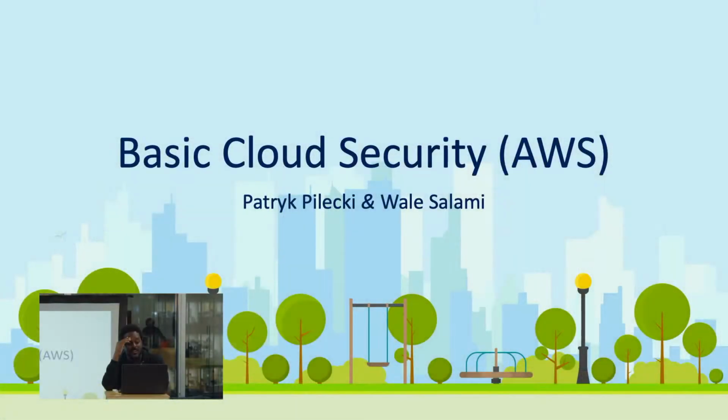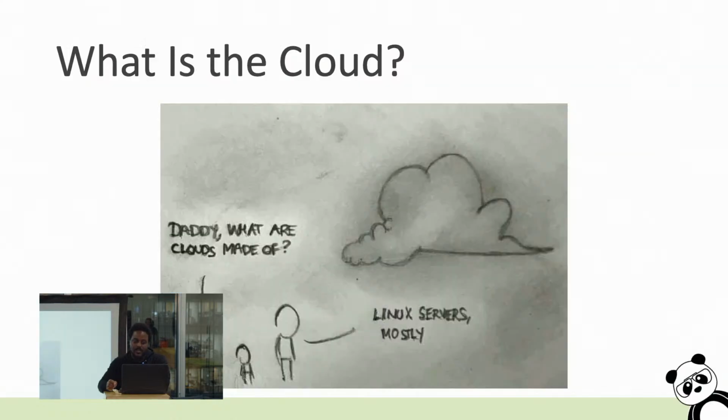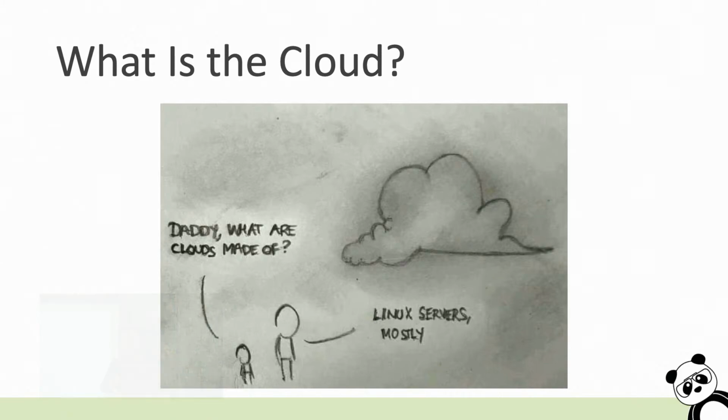Right, so I'm going to introduce myself again. My name is Wale, and I'm going to talk to you about basic cloud security. So we're going to have to start with, what is the cloud? As you can see, the cloud is not necessarily a cloud. It refers to a vast network of powerful computers, like the internet, where the data and applications are stored and managed.